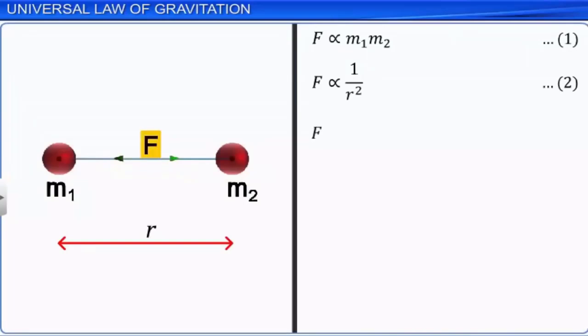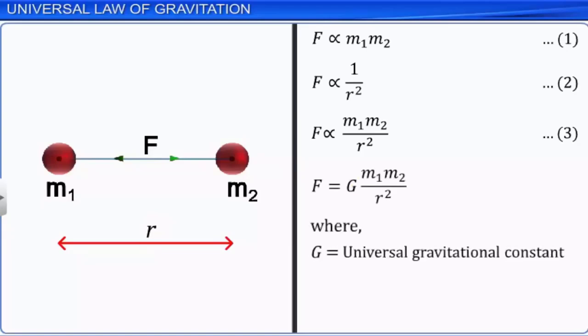Here, m1 and m2 are point masses and r is the distance between the two particles. Replacing the proportionality sign with the equal to symbol, we get a constant G, called the universal gravitational constant. It is called the universal constant as its value, 6.67 into 10 to the power minus 11 Newton meter square per kg square, remains the same throughout the universe.